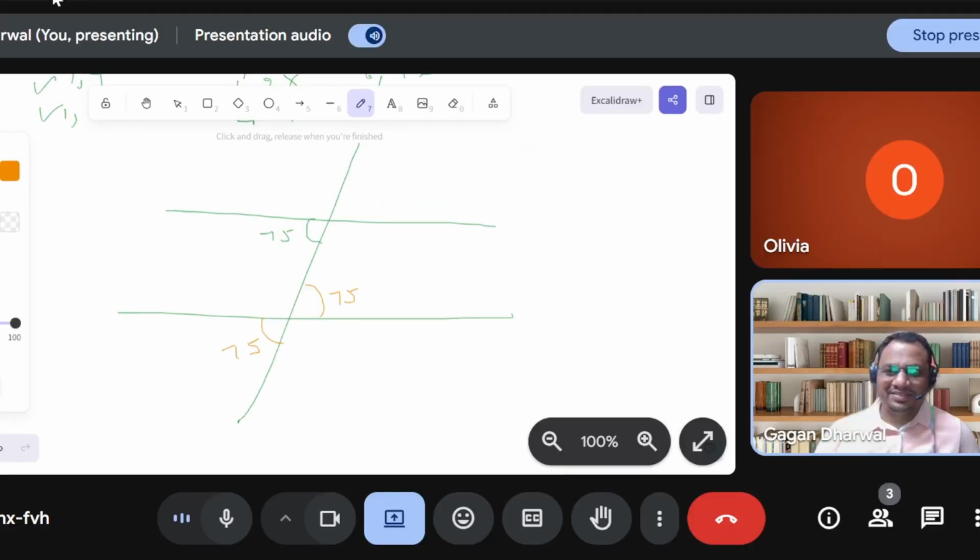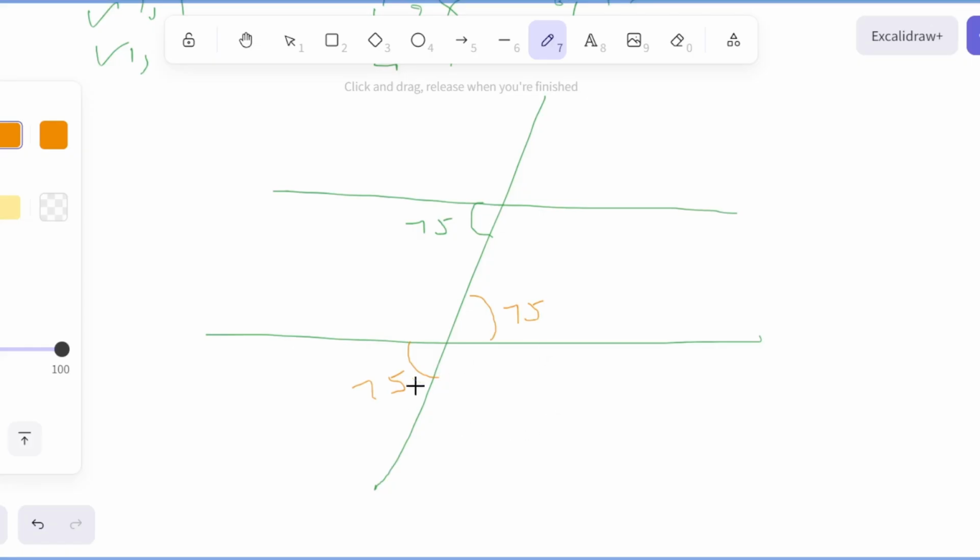Just check your notes. The two angles formed by intersecting lines. Are they not vertically opposite angles? Yes, they are. So that's why these are equal. Then this also will be 75, vertically opposite angle, right?